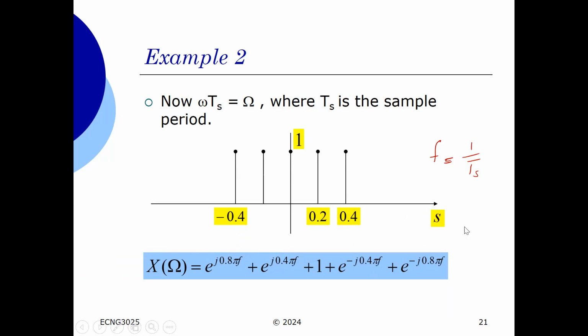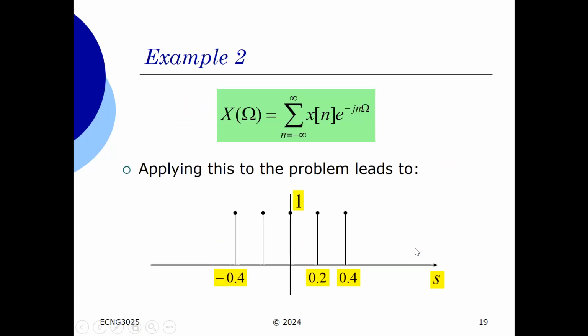So I have a question. Why was it running from minus 2 to 2? Okay, let me go back here a little bit. Remember, this is the equation for the DTFT. It sums over the sample number n from minus infinity to infinity. So each of the samples of n runs from minus infinity to infinity.